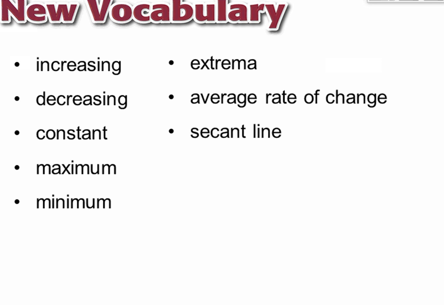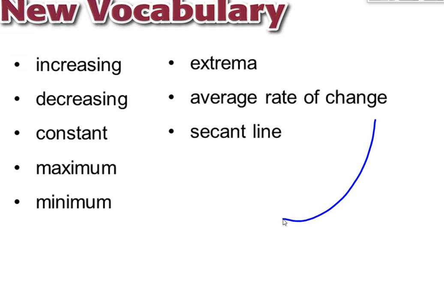secant line. In my opinion, average rate of change should not be hard because it's like finding a slope. We're taking a curve, and I'll kind of draw.